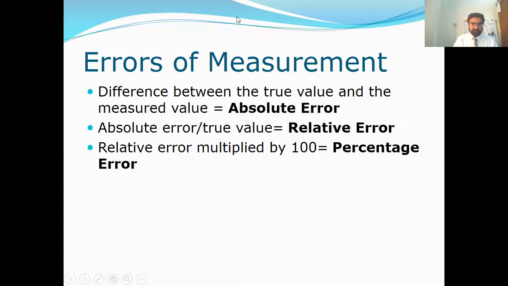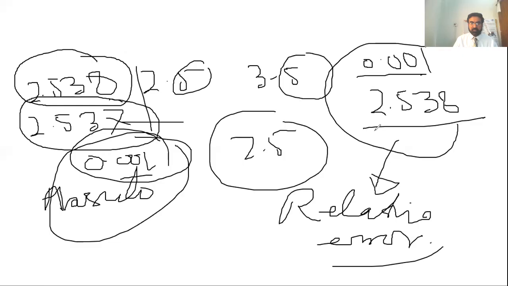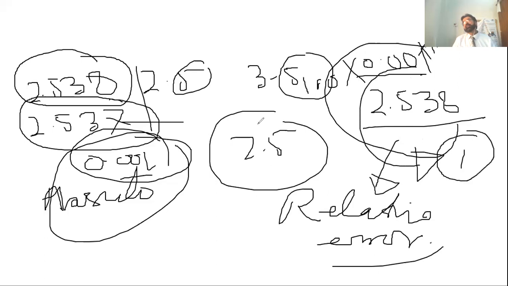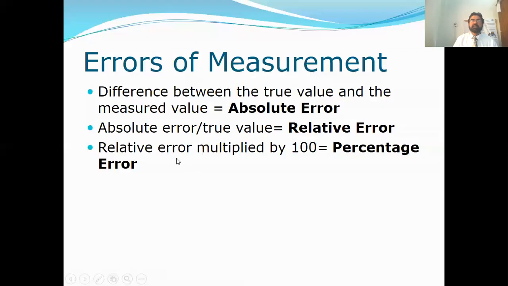For example, this one is your relative error, and when you multiply it by 100, whatever value comes in your hand is called the percentage error. So that is the difference between absolute error, relative error, and percentage error.